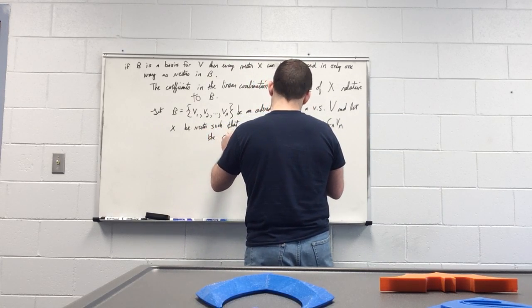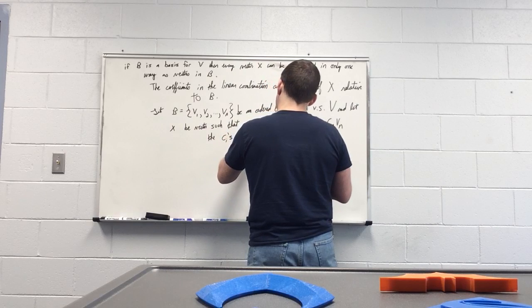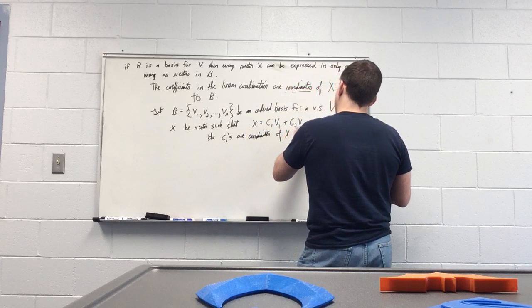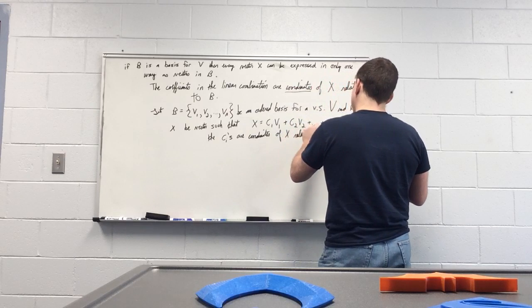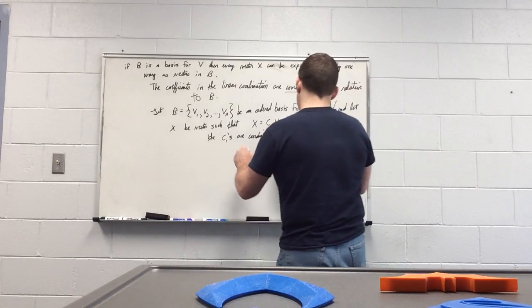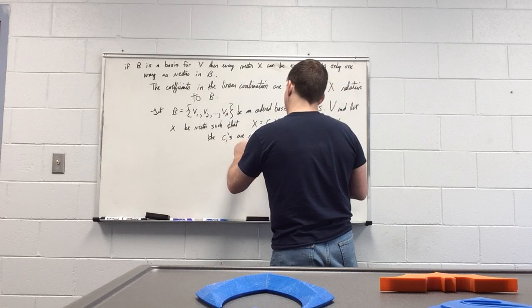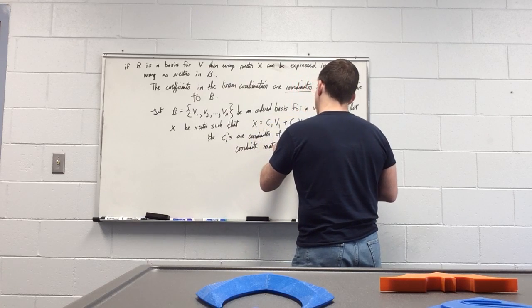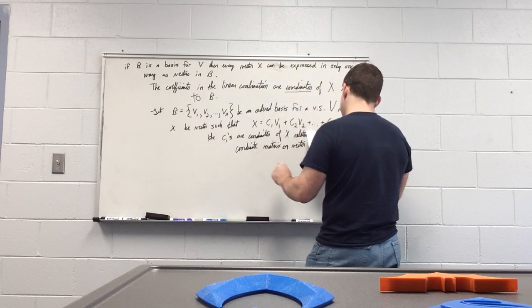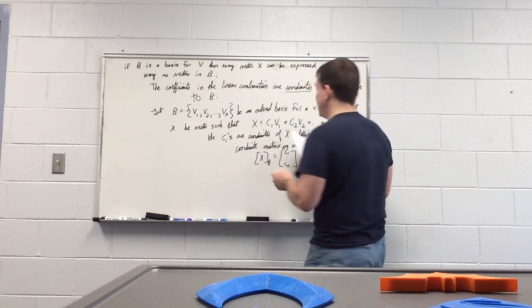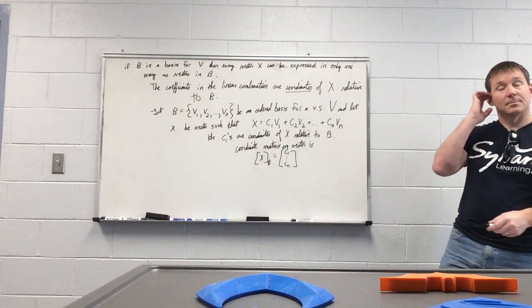The C sub i's are coordinates of X relative to B. And the coordinate matrix or vector, we understand the words are interchangeable in this case, is X sub B, which is just equal to C sub 1 to C sub n.